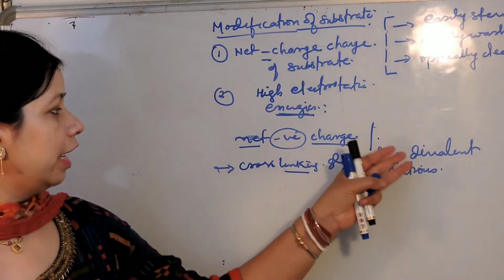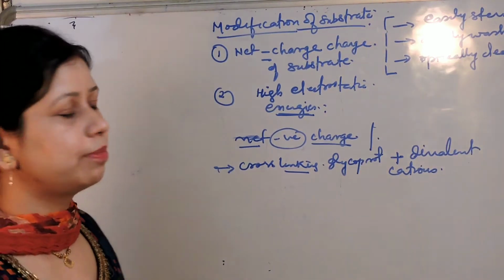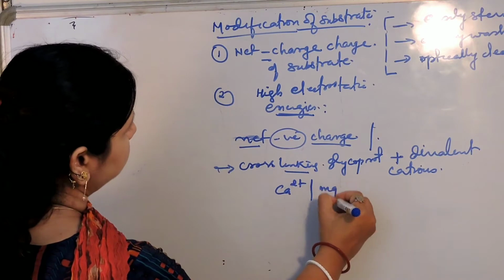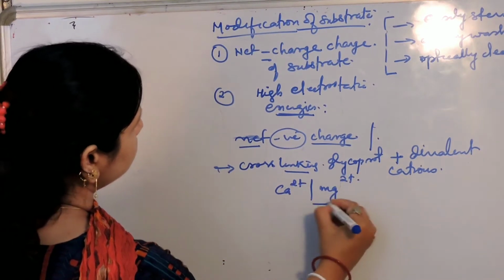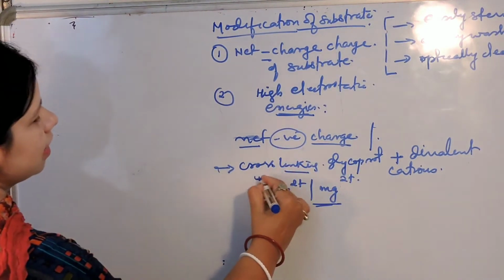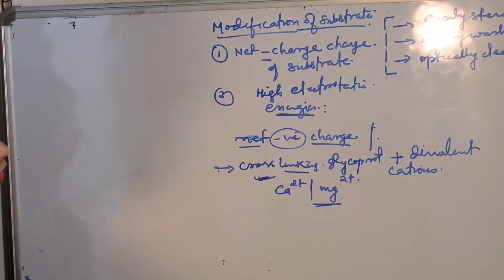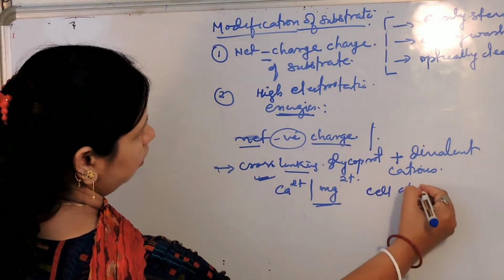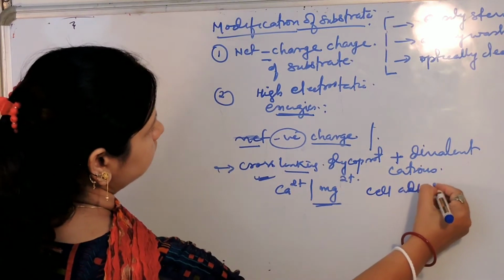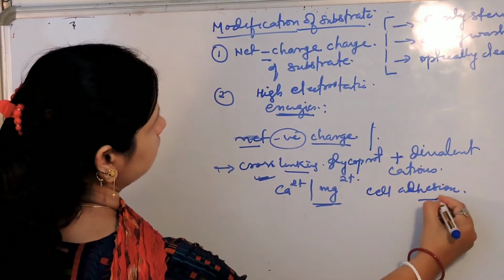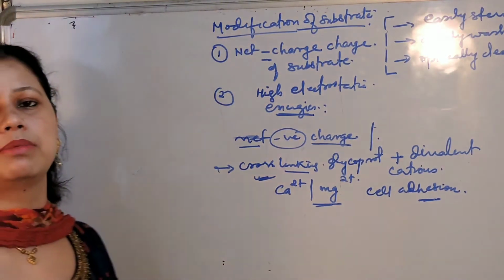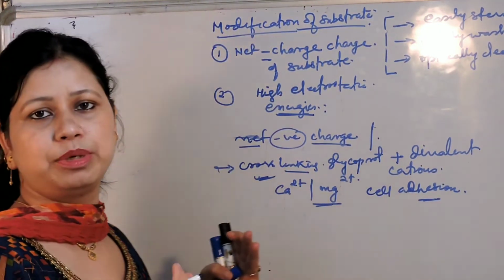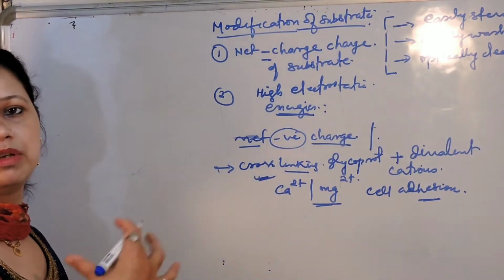So divalent cations, calcium ions and magnesium ions, are required. This cross linking is very important in case of cell adhesion. I am giving you one simple example: fibronectin, which is found in serum.